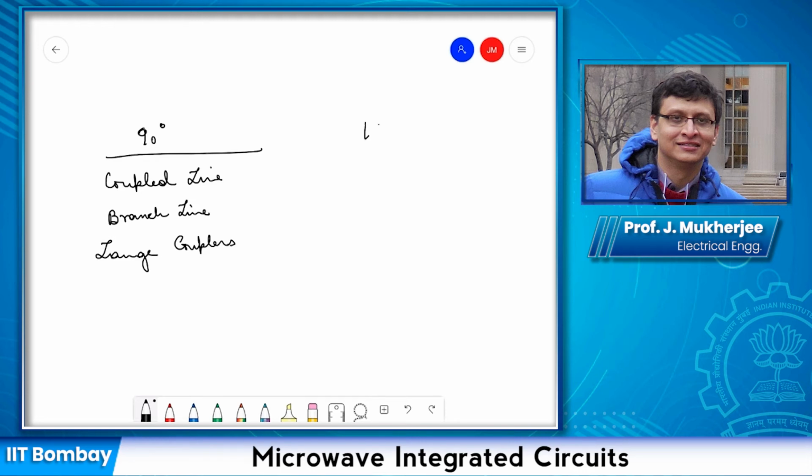Among 180-degree, we have magic T, rat race, tapered line coupler.